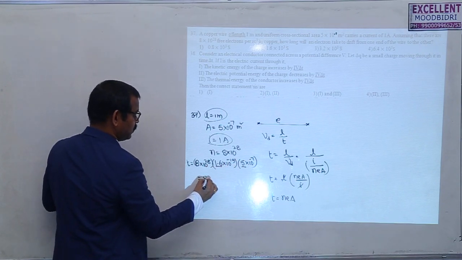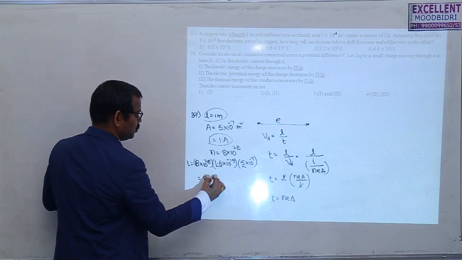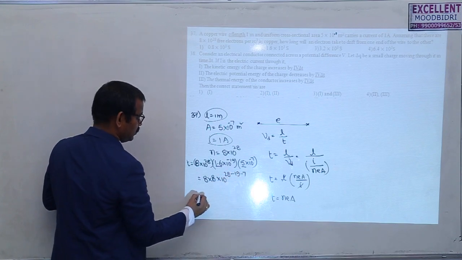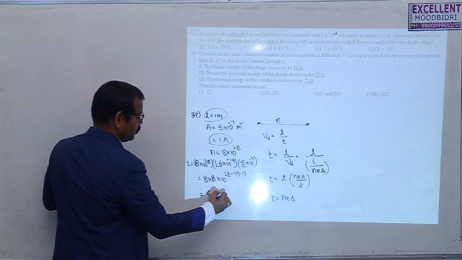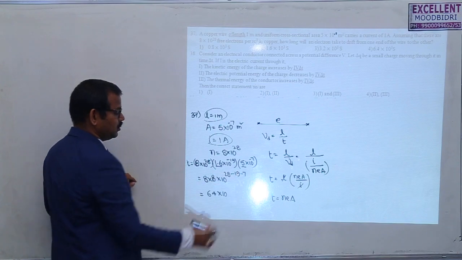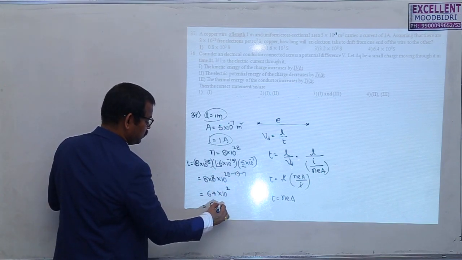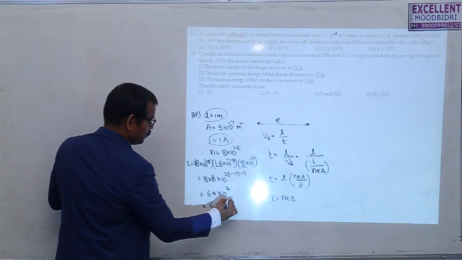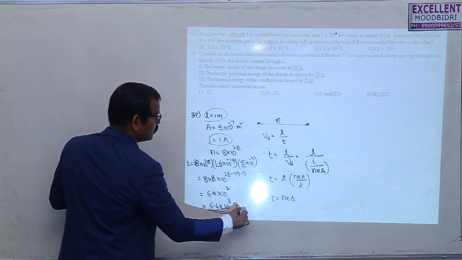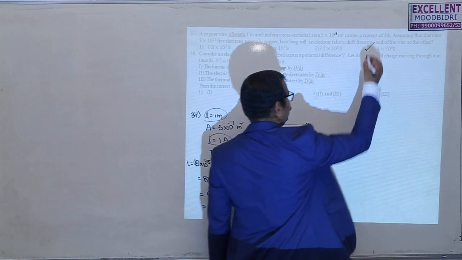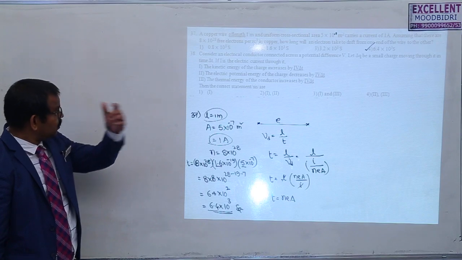So 1.6 into 5 is 8 again. So this is 8 into 8 into 10 power 28 minus 19 minus 7. This is 64 into 10 power 2, so this can be written as 6.4 into 10 power 3 seconds. So the correct answer is option 4, 6.4 into 10 power 3 seconds.